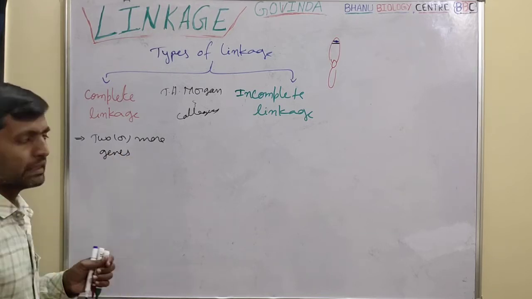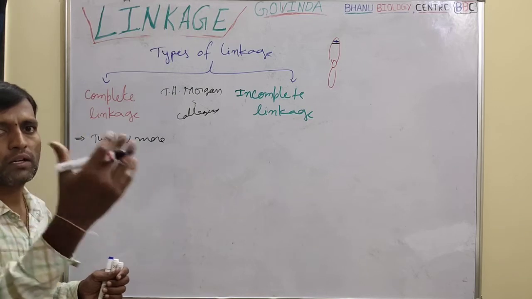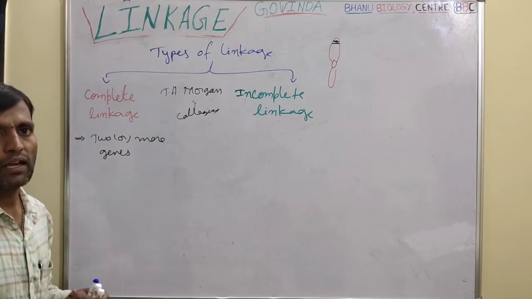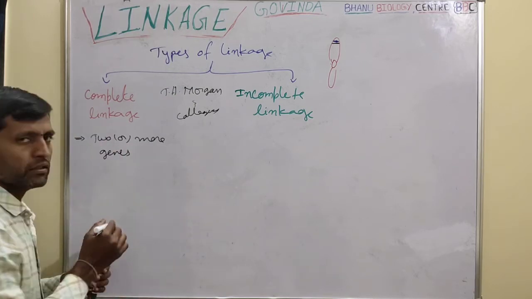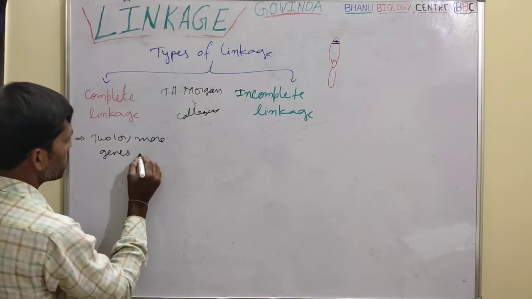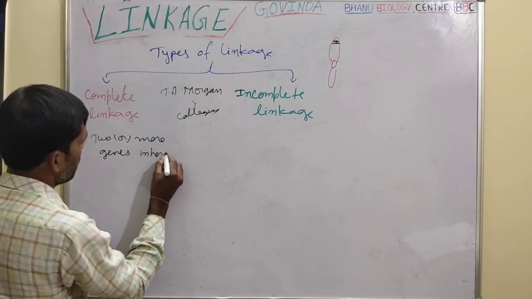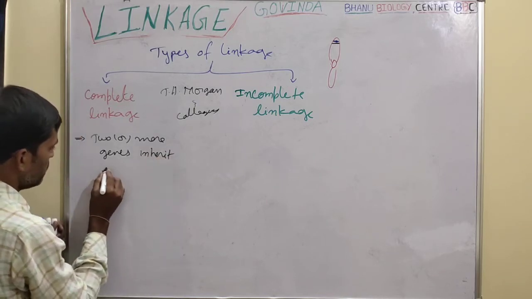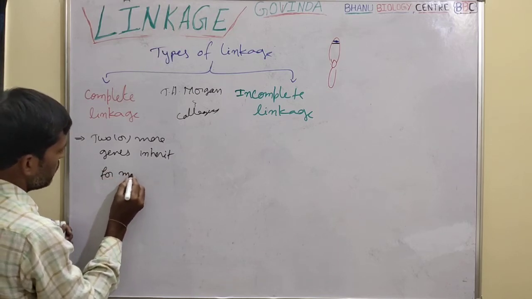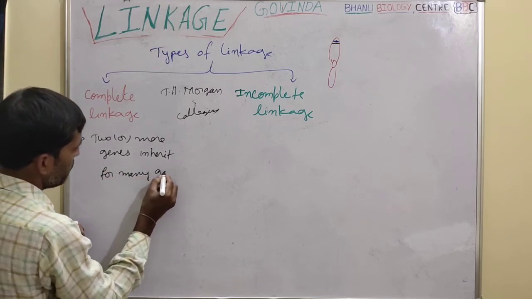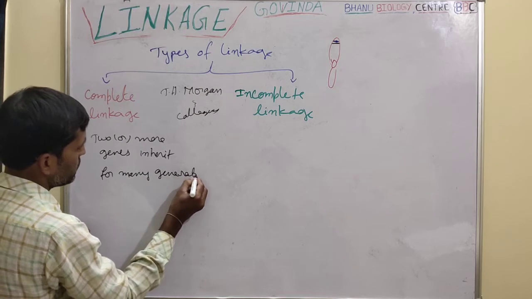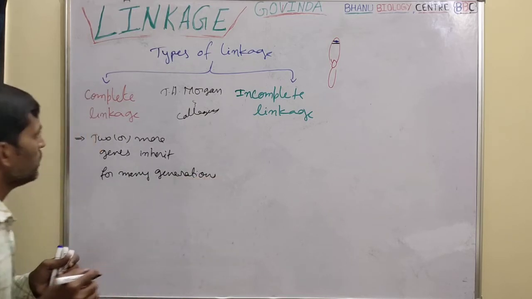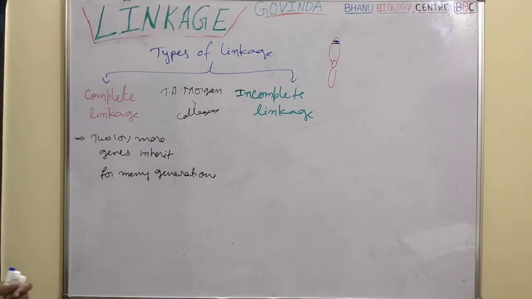So the linked genes are inherited to many generations as they are in the first generation. Two or more genes inherited together for many generations is called complete linkage.